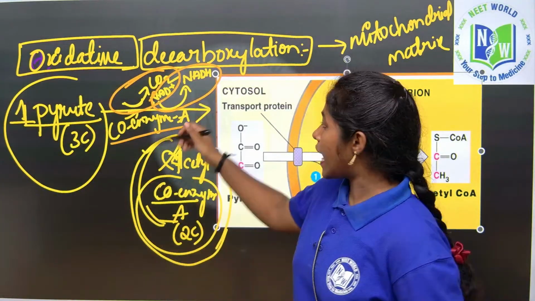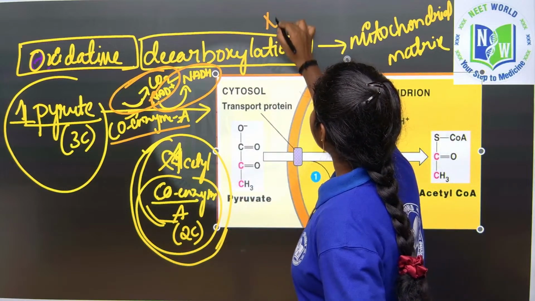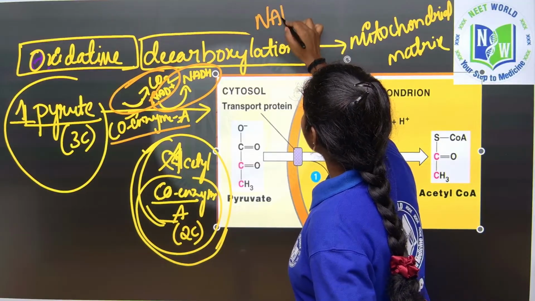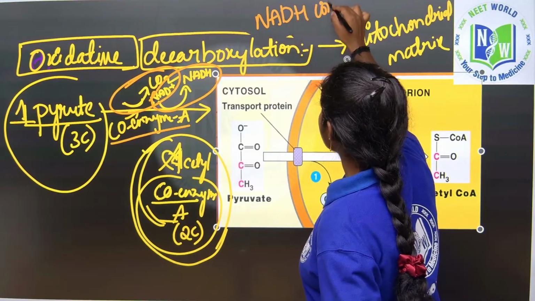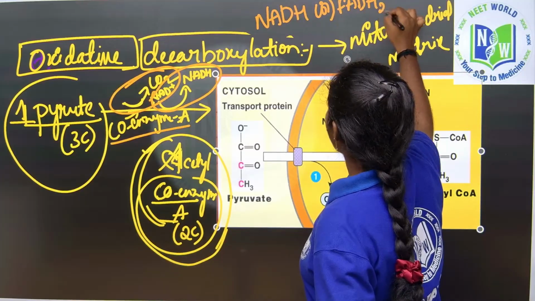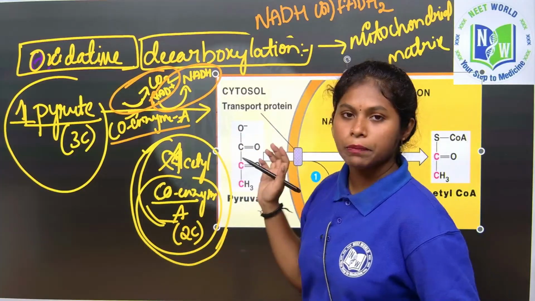As I said in glycolysis also, whenever NADH or FADH₂ reducing equivalents are forming, an enzyme called dehydrogenase comes to that place.